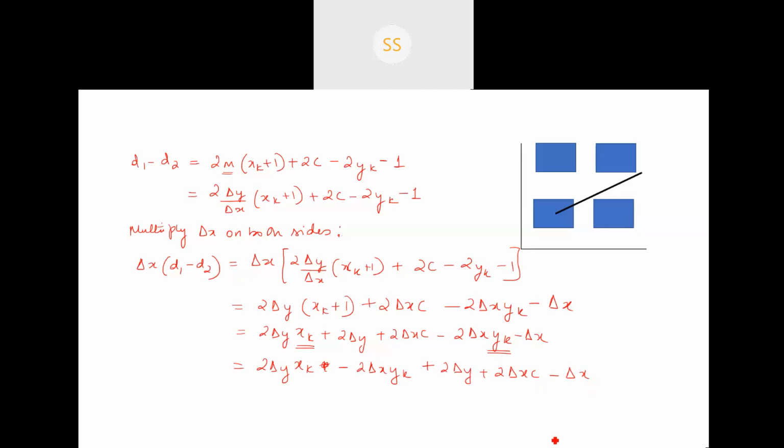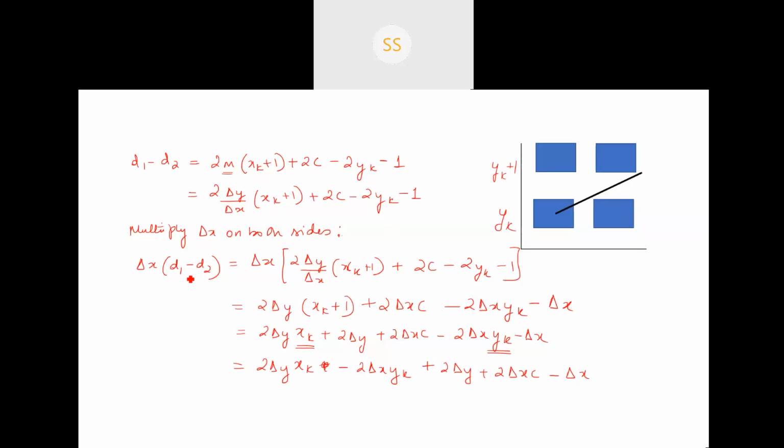Okay, so when I get this finally, what do I see here? I can see that my d1 minus d2 is actually what you can call a decision parameter, which decides whether I need to take the yk value or the yk plus 1 value, which value I have to take. So that is dependent on my decision parameter.